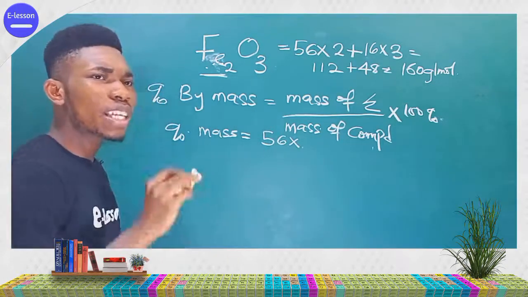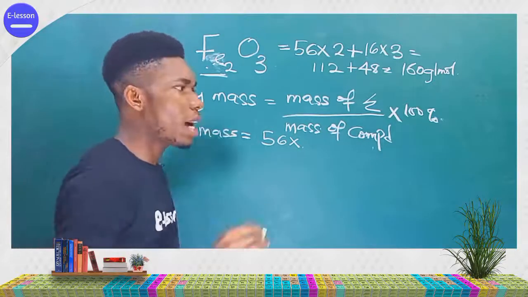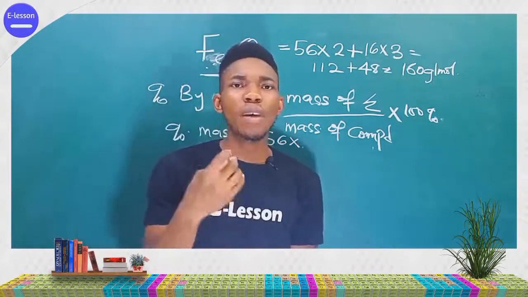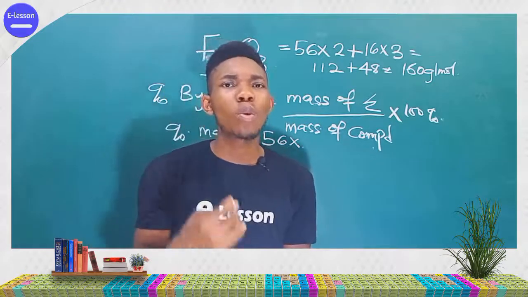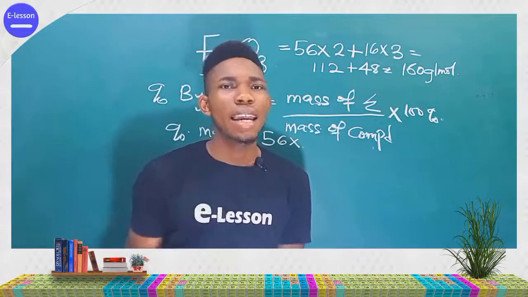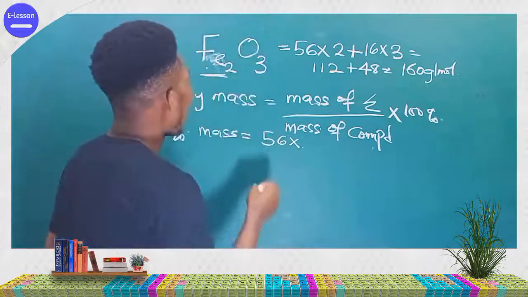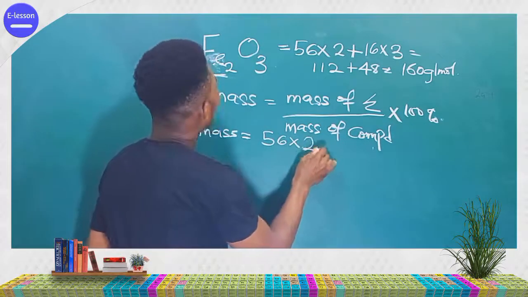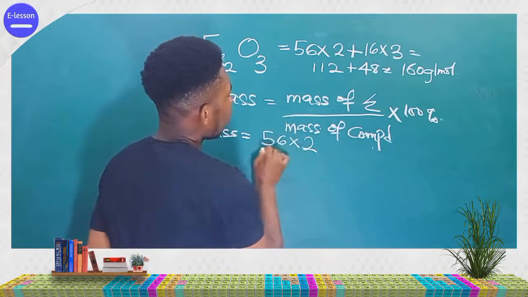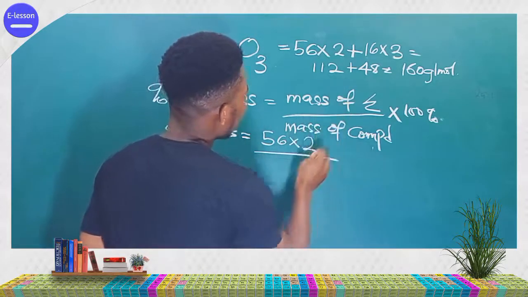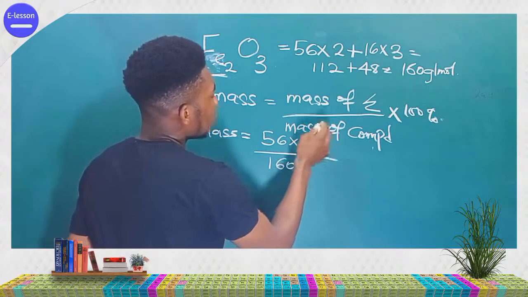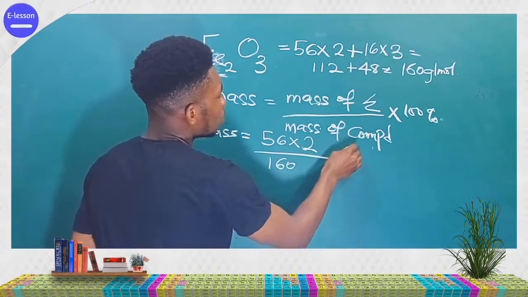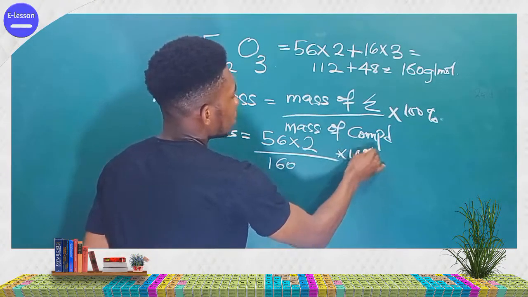Please note, you must include the number of atoms of iron present there, because the number of atoms will tell you the percentage that the atom has occupied in the entire compound. Are we getting it now? So times 2 atoms of iron, all over the mass of the compound, which is 160, in gram per mole, times 100%.